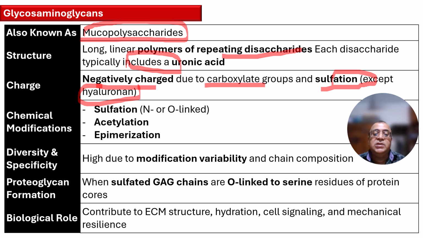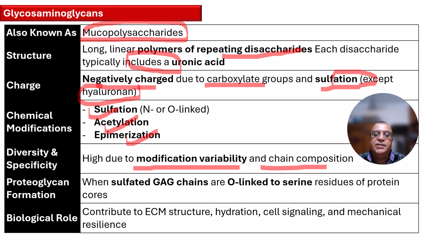Chemical modifications in these glycosaminoglycans are made via sulfation, O-linked sulfation, acetylation, and epimerization. They are highly diverse and specific to the tissue, with variability in modification and chain composition.